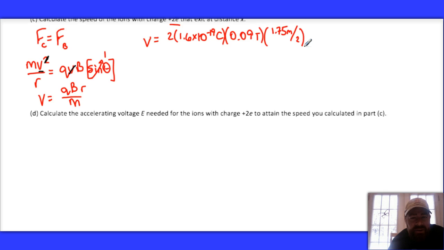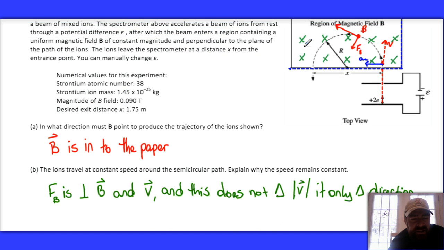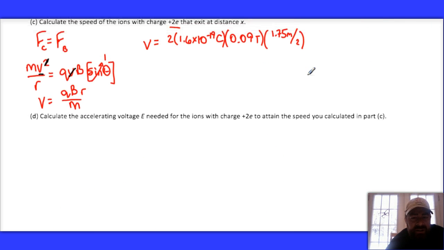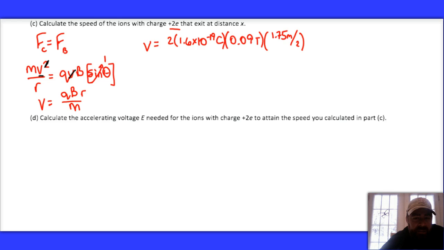If I go back up here to the data that was given to me, it says the exit distance x is 1.75 meters, so therefore this radius r is half of those 1.75 meters, which is why I plugged it into my calculator this way. And then I need to divide that all by the mass, which is 1.45 times 10 to the negative 25 kg.